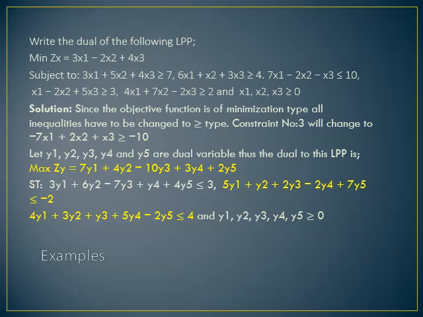So this primal of minimization has 3 decision variables: x1, x2 and x3.